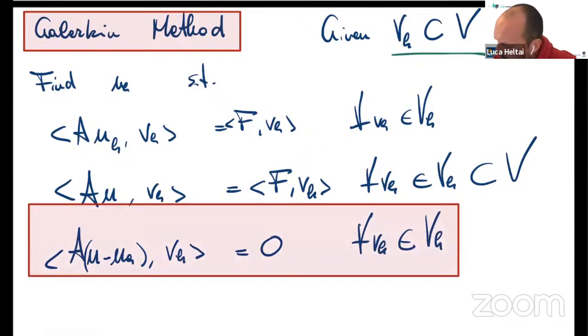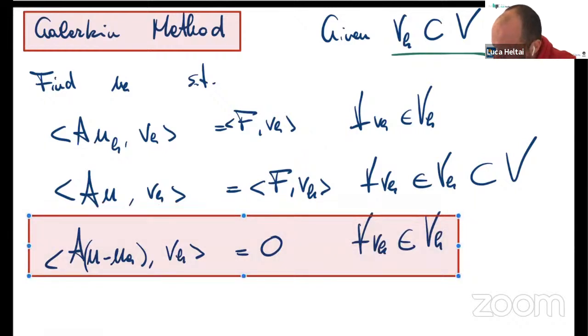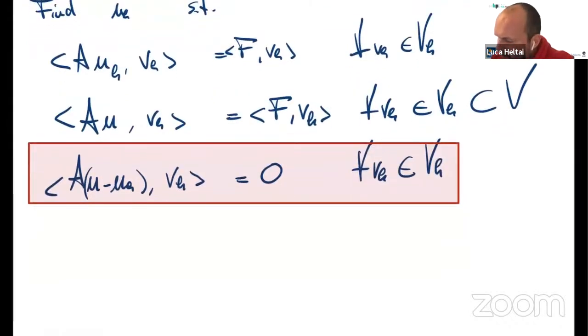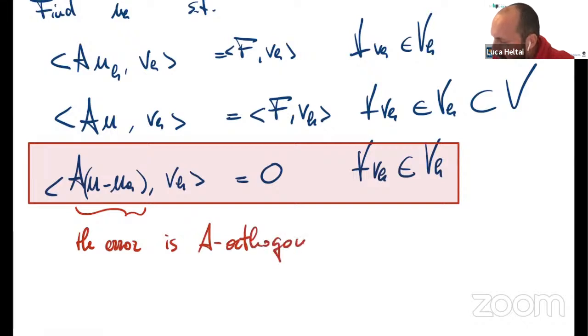So the idea here is that the error that you commit is orthogonal to capital V_H.